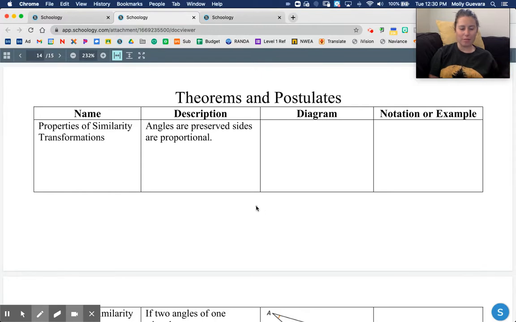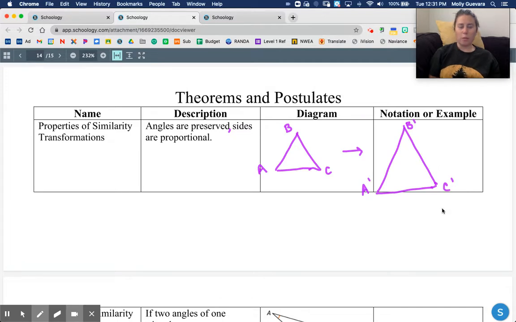When you have similar shapes, all angles are preserved, and sides are proportional. Okay, so let's draw a diagram here of what this means. So if I have that triangle, let's just do ABC again. A, B, C. And I translate it and dilate it. Something like this. A prime, B prime, C prime.